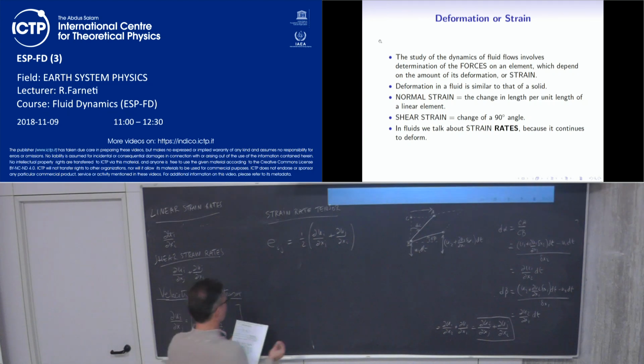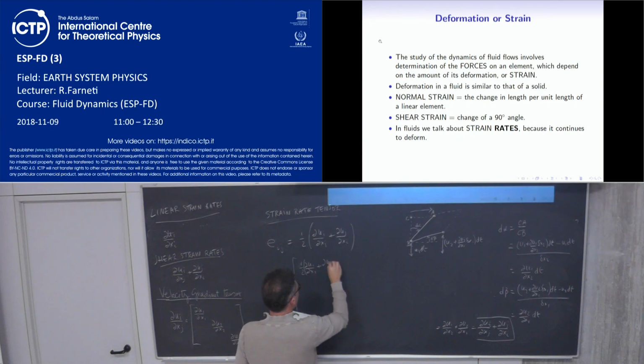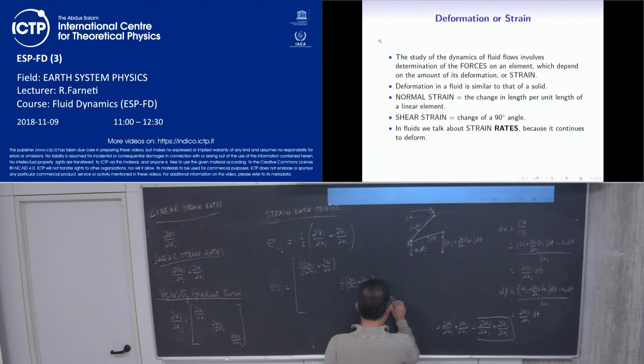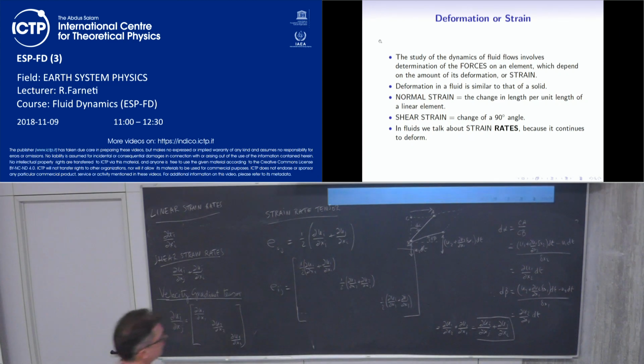So if you expand this, what are the diagonal terms?